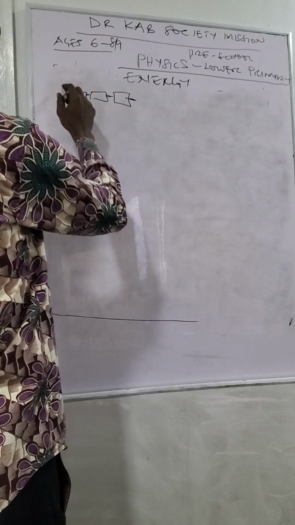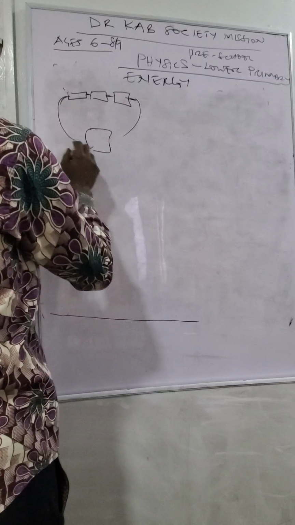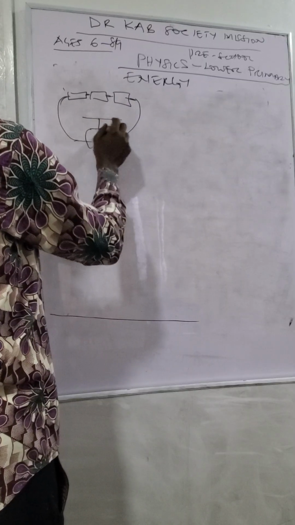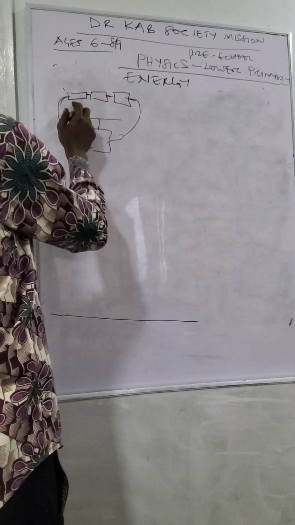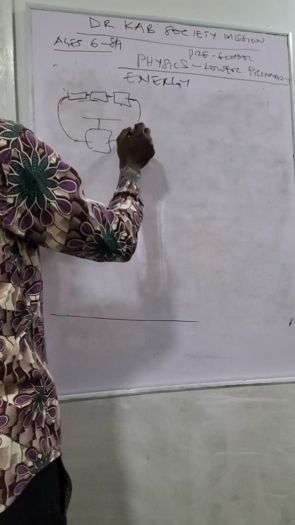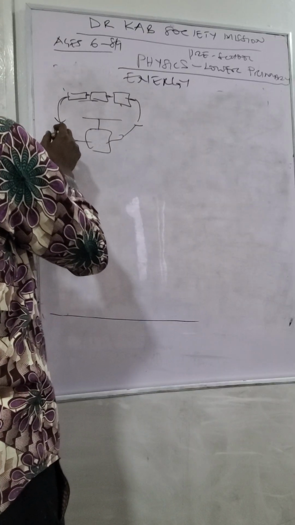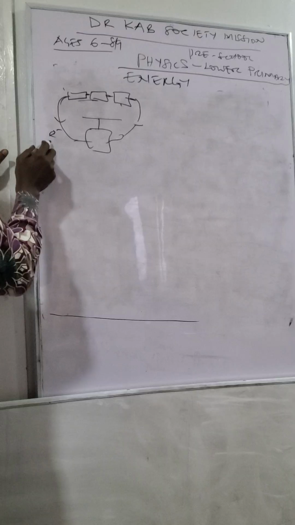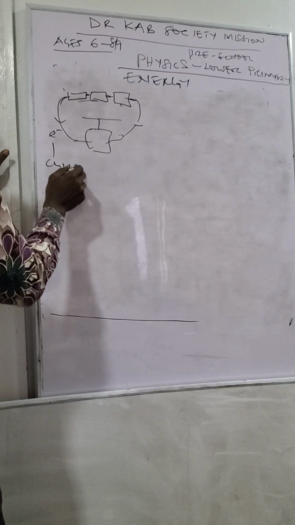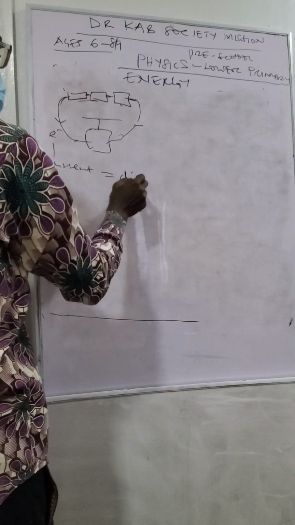If you have a small motor, maybe something like a fan connected to it, you add two batteries, you see how it moves faster. Three batteries, you see how it moves. So this is telling you electrons are moving. Electrons moving is current. This would be direct current.